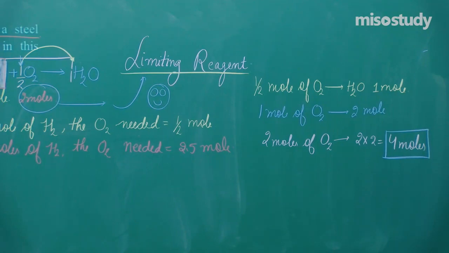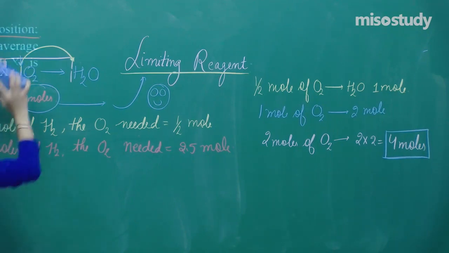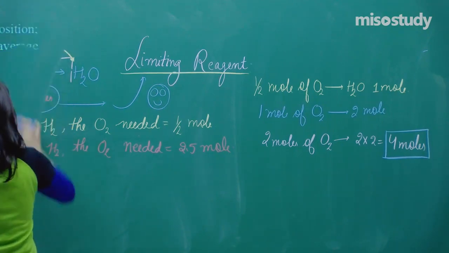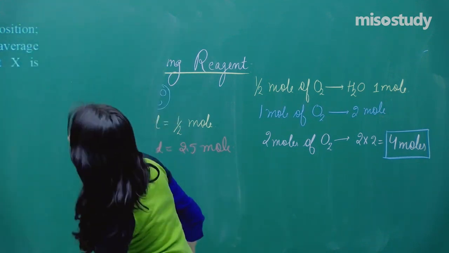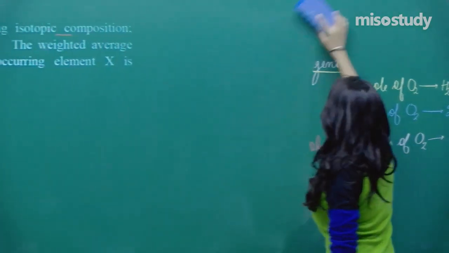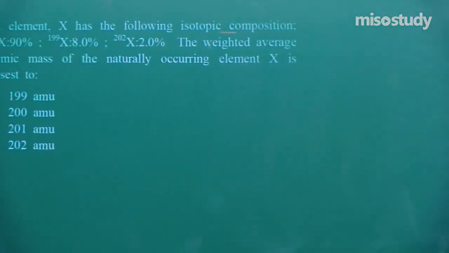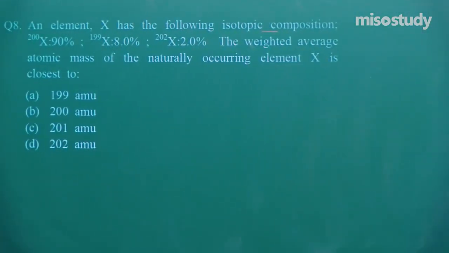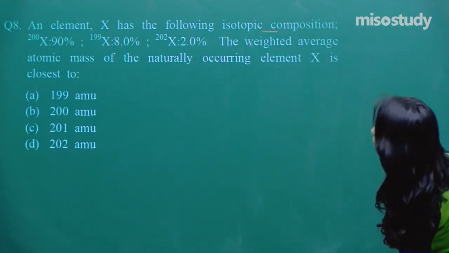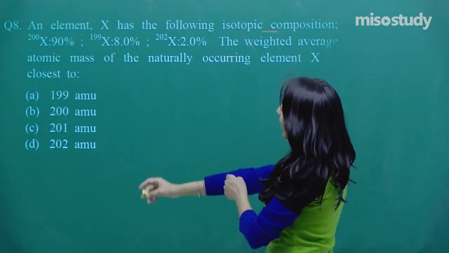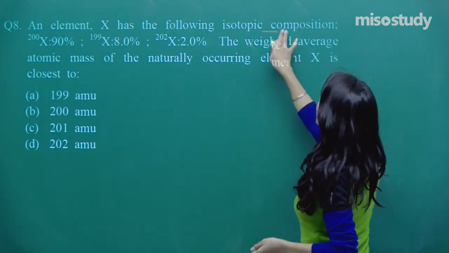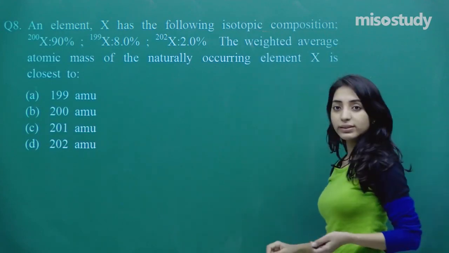Okay guys, so we are done with question number 7, right? Now on the board you can see question number 8. Read the question carefully so that now we can proceed with the answer. If you look at question number 8 carefully, you will understand that an element X has the following isotopic composition.